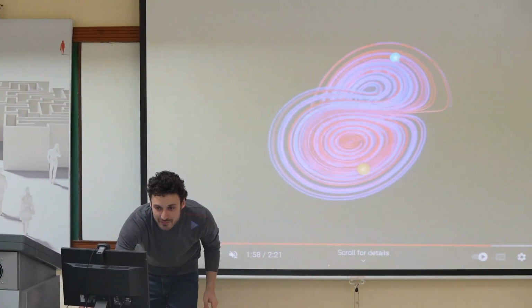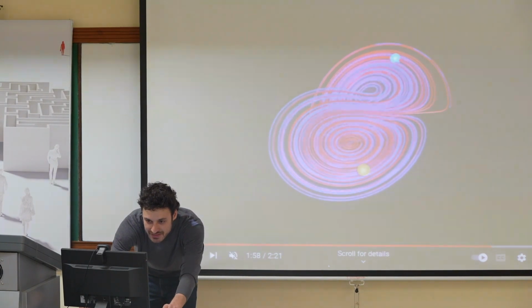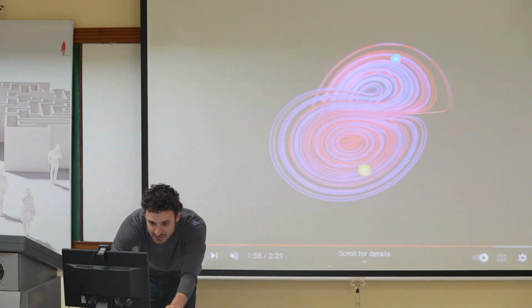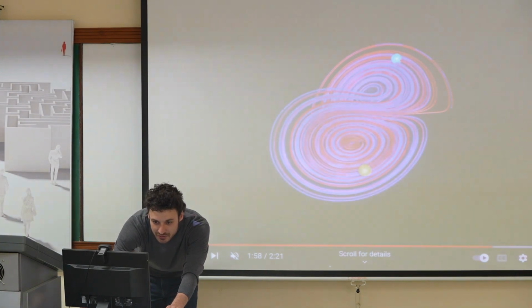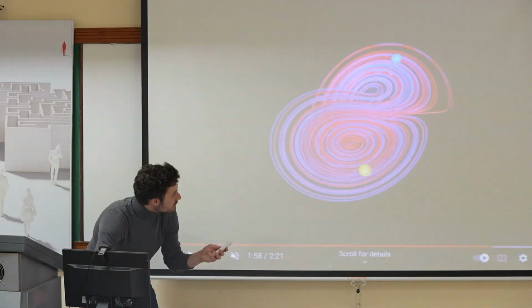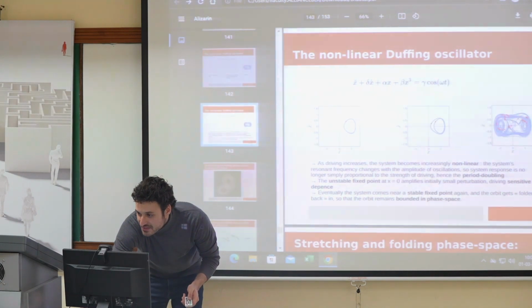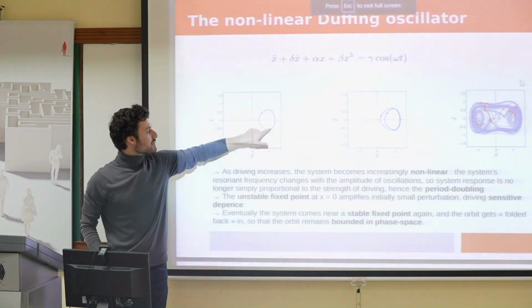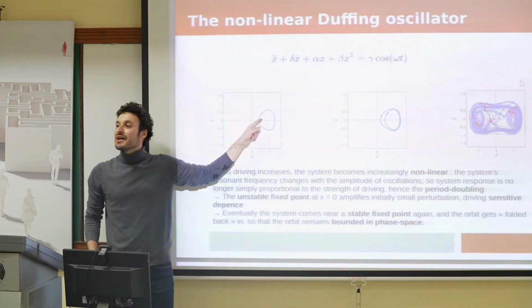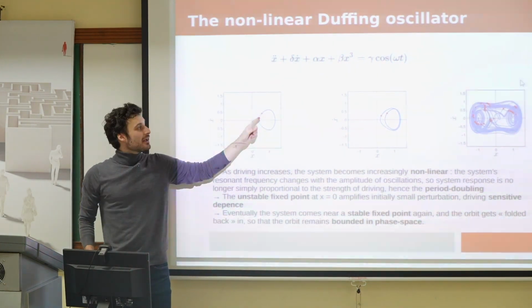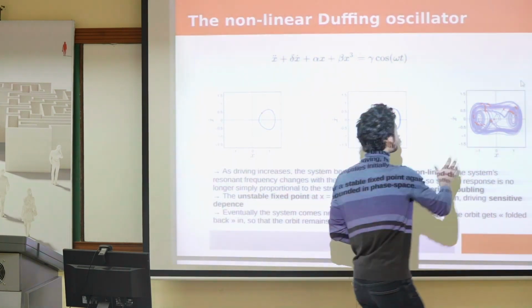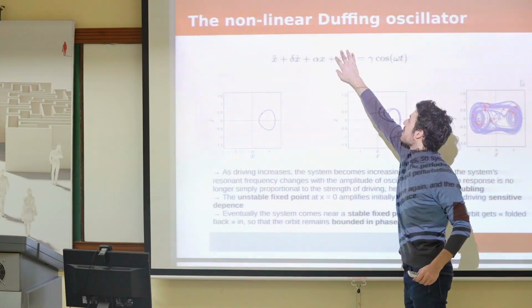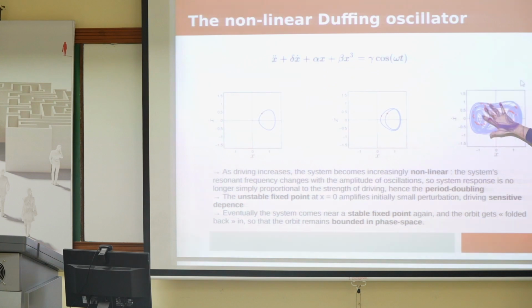If you remember when we were looking at the Duffing oscillator, there was a bit of the space where the nonlinearity was small enough that it still ended up in a limit cycle.